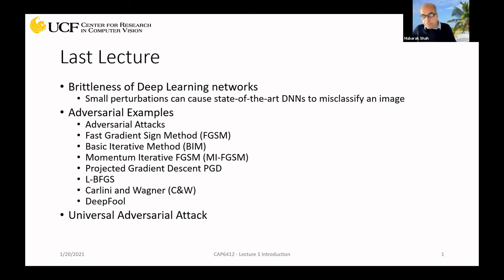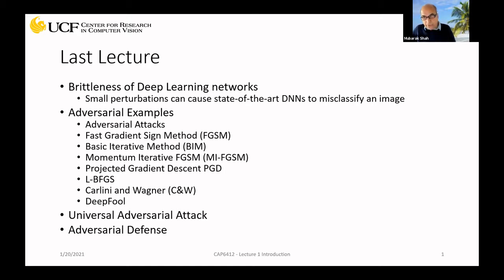These were image-dependent attacks: given an image, we can generate a perturbation and that image will be misclassified. But then there are attacks called universal attacks, that will work for any classes or any images. We briefly discussed that, and we will discuss this paper also in detail.